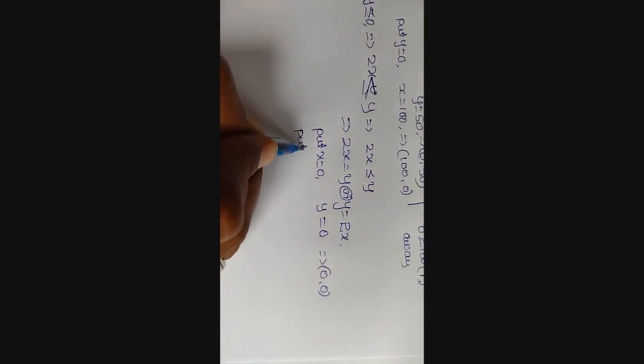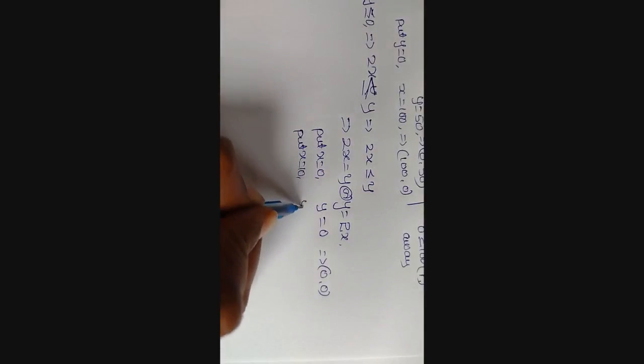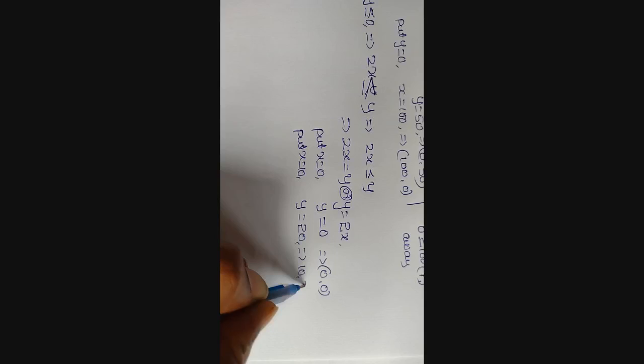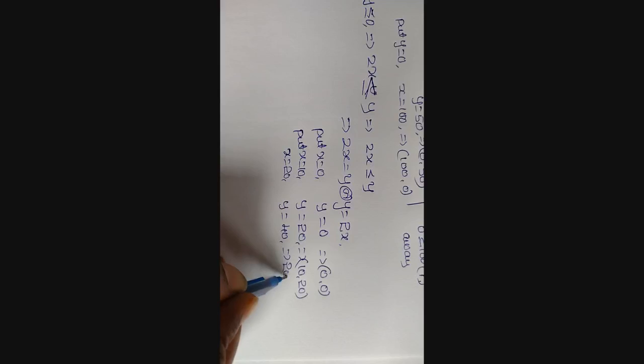Put x is equal to 10, y is equal to 20, then 10 comma 20. Next x is equal to 20 and y is equal to 40, which implies 20 comma 40. Like this we should find all the points. Clear? And so on.